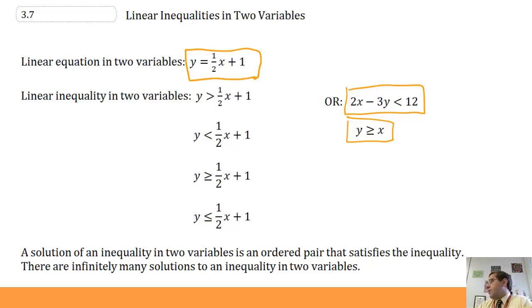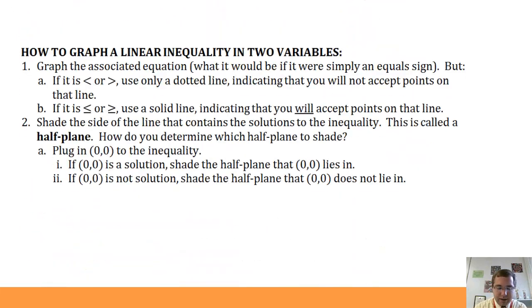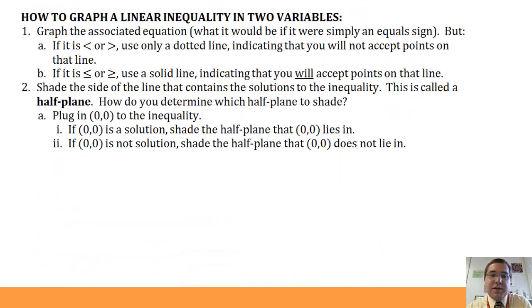So, Mr. Shaver, how do I graph a linear inequality in two variables? Excellent question, Bobby. You follow these two simple steps. First, you graph the associated equation, meaning the equation that you would get if, instead of an inequality, you had an equal sign.